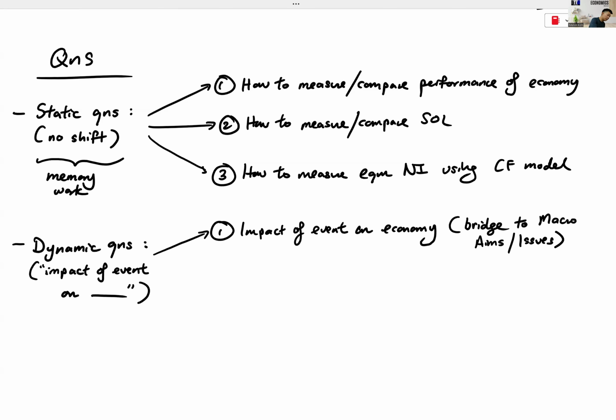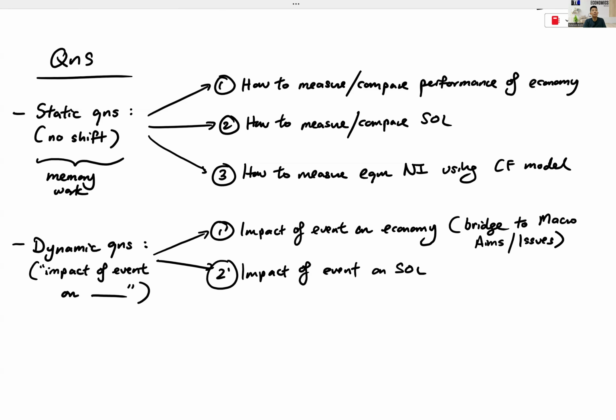Okay, so this 1 prime is actually the dynamic version of 1 above. 2 prime is when you ask for impact of an event on SOL. Okay, how would a certain event affect living standards?